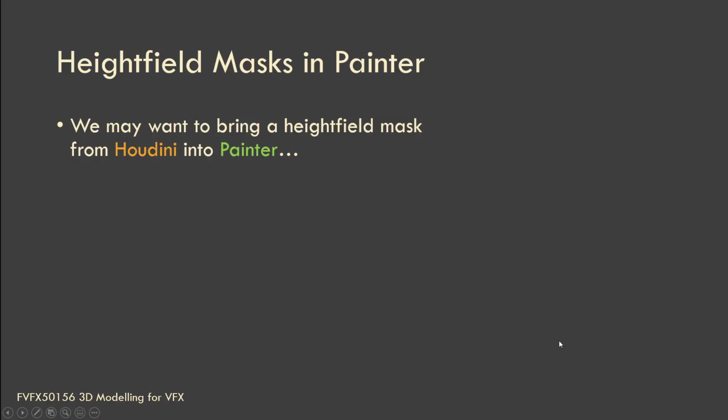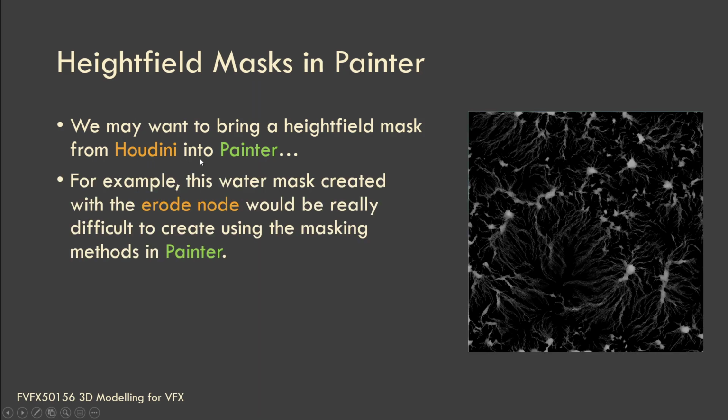Okay. So very often, for reasons I've just explained, you want to bring your height field mask data from Houdini into Painter. For example, this water mask here was created by the erode node, and you can see we've got loads of really interesting detail and loads of cool features that we might want to incorporate into our layer stack to drive some materials.